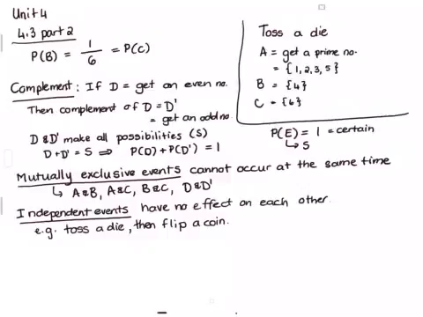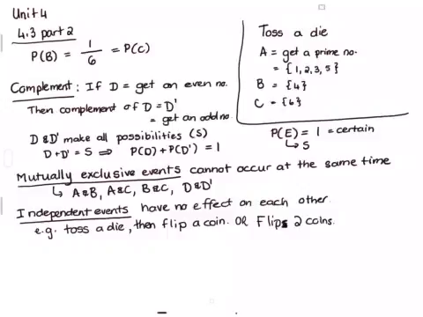Whatever I get on the die is not going to tell me what's going to happen when I flip a coin. Even if I said my two events are flip 2 coins. If I flip a coin, I can get heads or tails. If I flip the second coin, I can still get heads or tails. So the second action is not dependent on the first action.